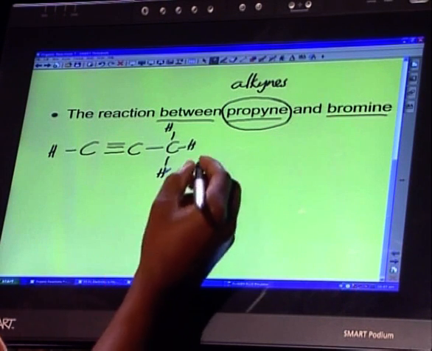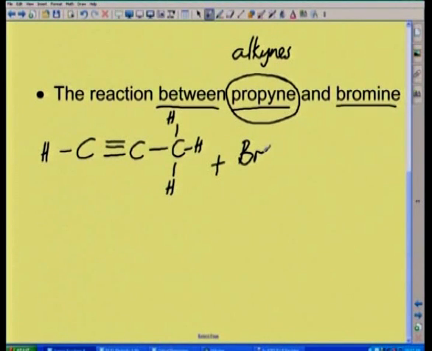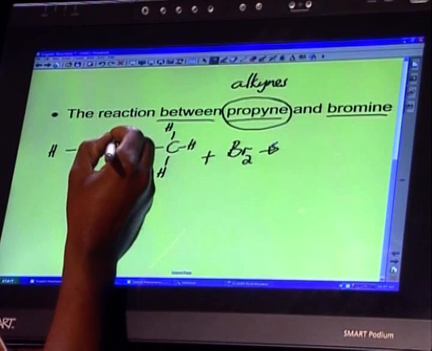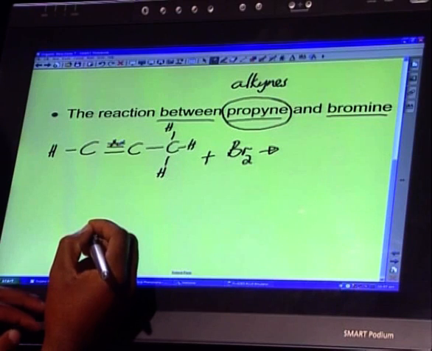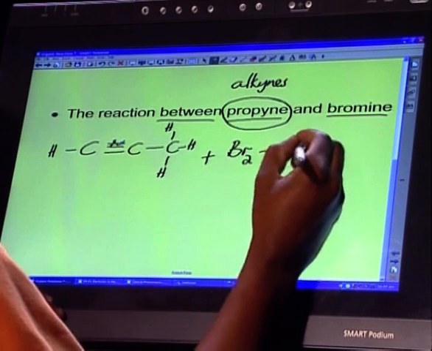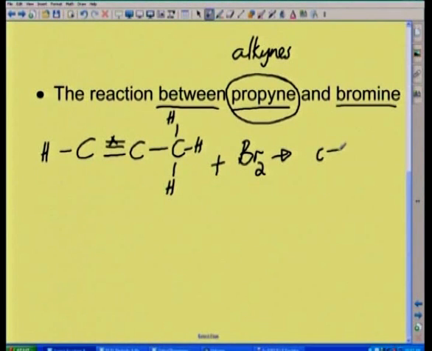Now, when it reacts with bromine, so this will be plus Br2. If it reacts with bromine, what is going to happen? The same thing is going to happen. One of the bonds here is going to crack. Okay? Say it is the top one that breaks up. What you're going to have is this. You're going to have a double bond there.